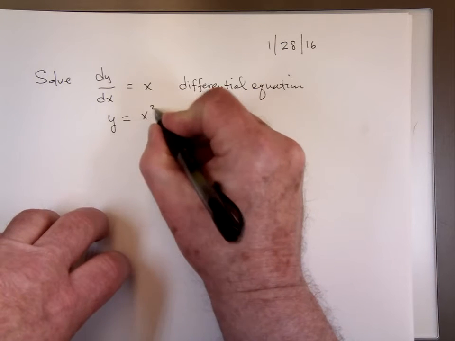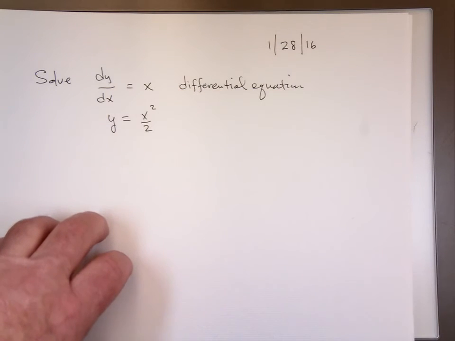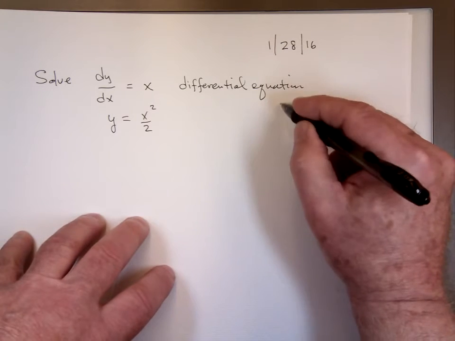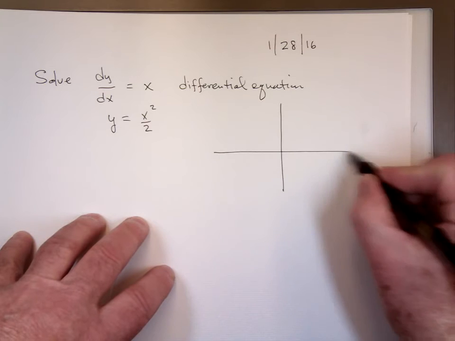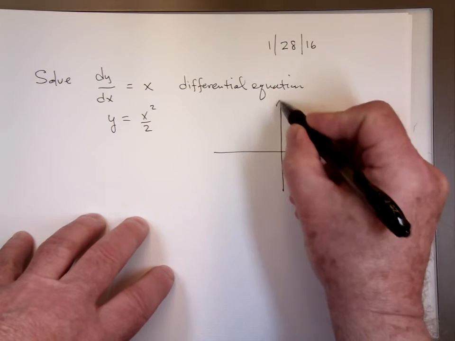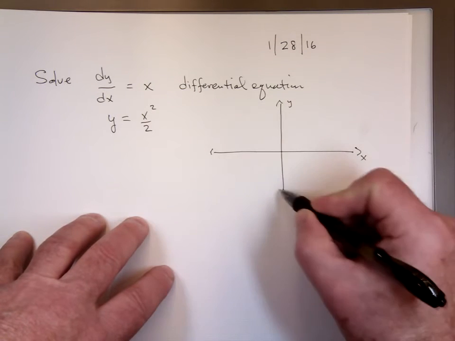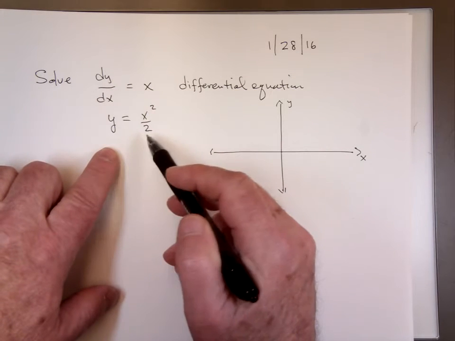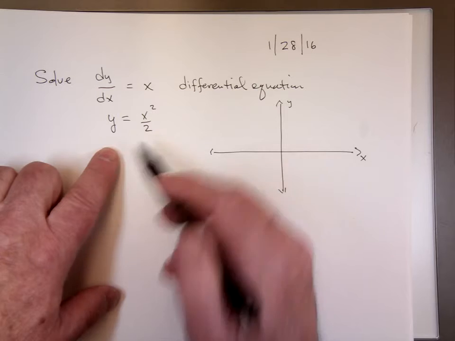Okay, well, let's start with x squared over 2. Okay, x squared over 2 is a solution to that differential equation. That is one solution. Let's graph this one solution. And we know it's a solution because when you take its derivative, you indeed get x back again.